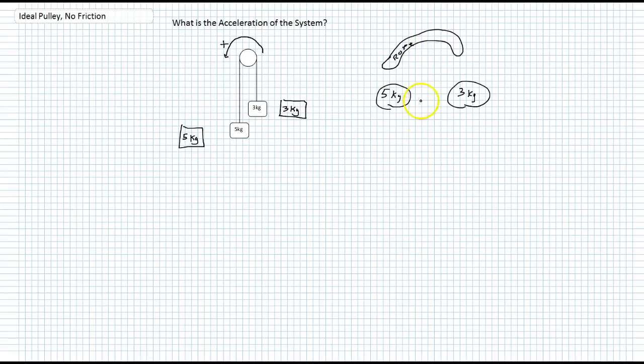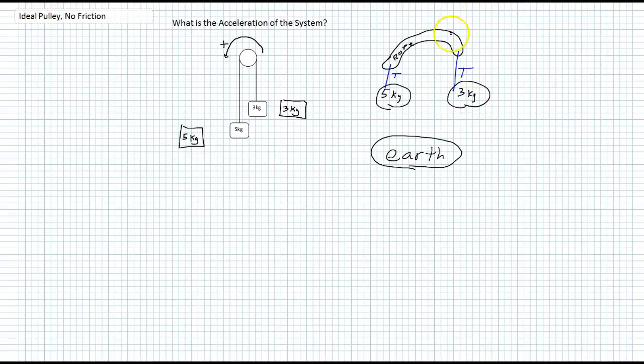I'm intentionally leaving the pulley out of the system, but you can include it if you want, just because it is not really interacting with anything if it's an ideal pulley, which means it doesn't have mass or dimension or really anything that makes it interesting. It's really just there to change the direction. The 5 kilogram object interacts with the rope in that way, and the 3 kilogram mass through tension.